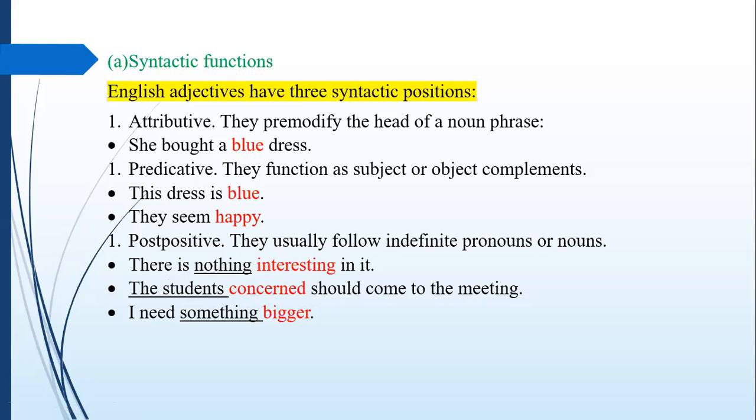When we use the adjective as a past participle directly after the noun, that means we omit the relative pronoun plus the verb to be.